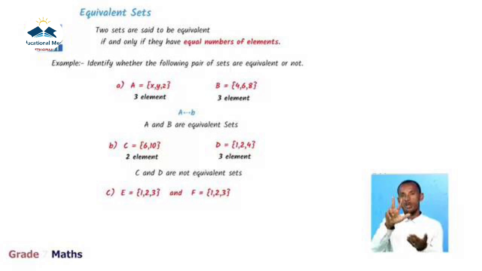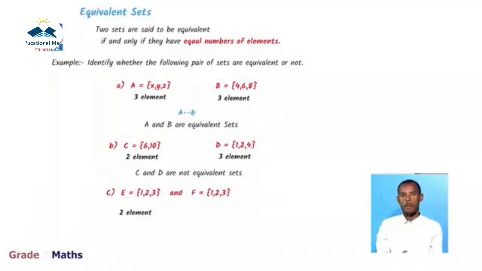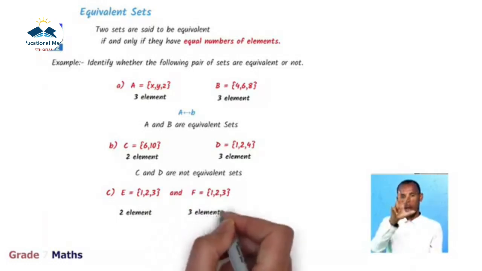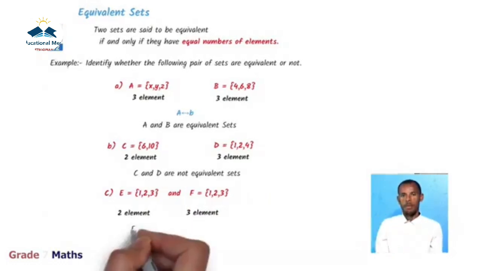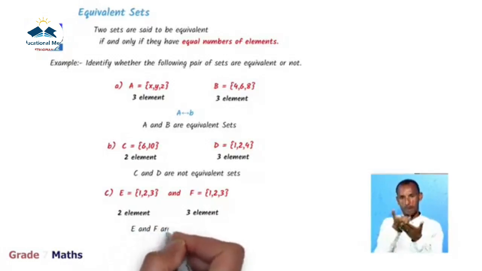Therefore, these two sets are equivalent. So here, set E contains 3 elements. Again, set F contains 3 elements. Since they have equal number of elements, the two sets are equivalent.